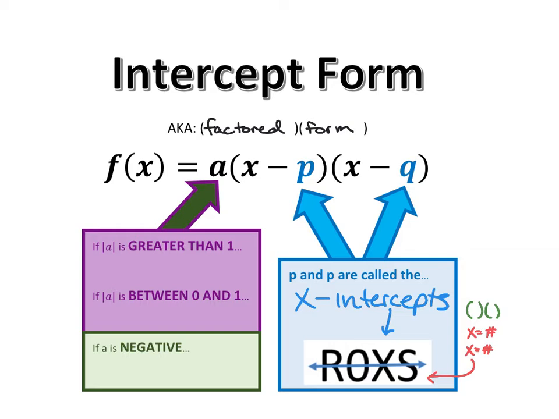Another cool thing that intercept form does tell me, since there's an a value right here, if you remember in vertex form, that first number a, it's going to be the same number, tells us some information about the transformation applied.